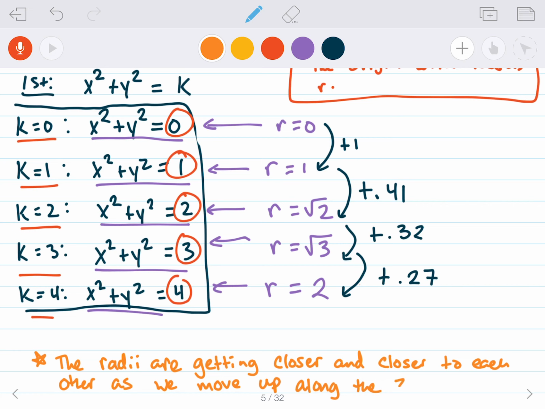Right? The distance between the radii is getting smaller and smaller. So the distance is getting closer and closer to 0.